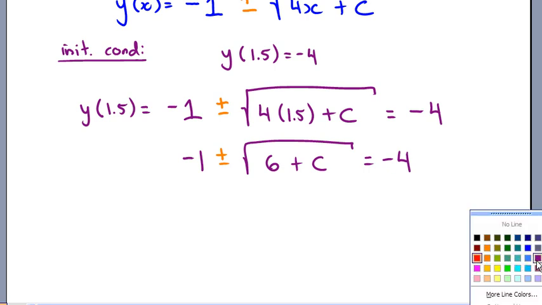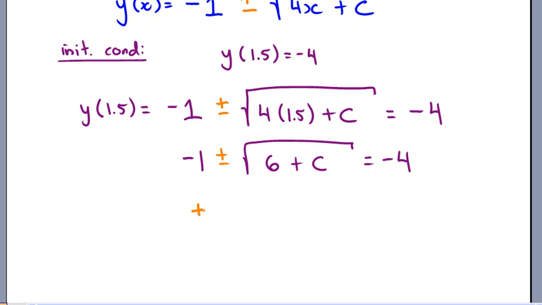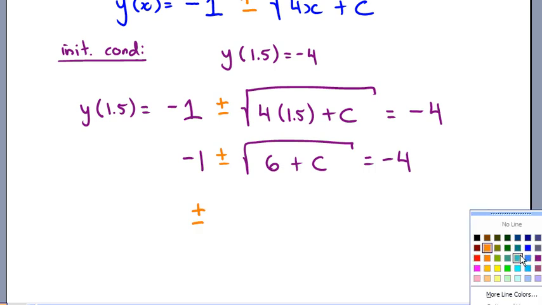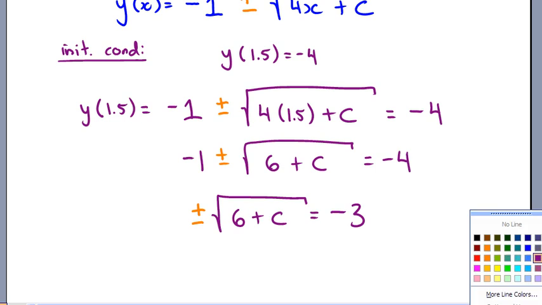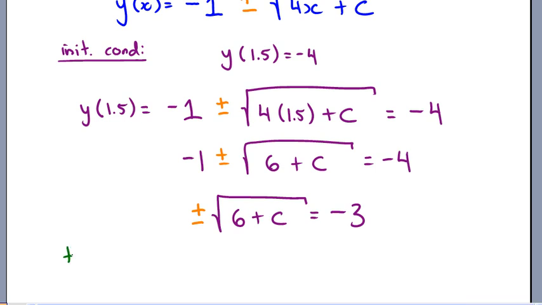Another way to look at it, let's just keep isolating here. If I add 1 to both sides, I would have plus or minus this root of 6 plus c needs to be -3. If I take -4 and add 1 to both sides to move that -1. This time, and everyone's different, but this time, it's going to be the negative.